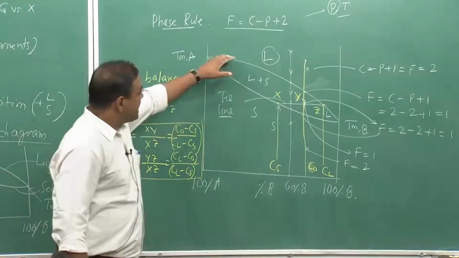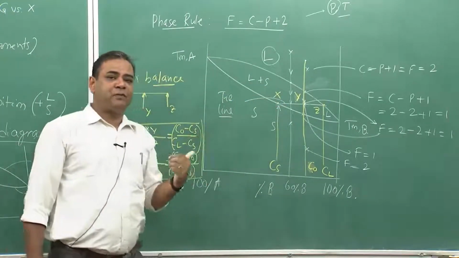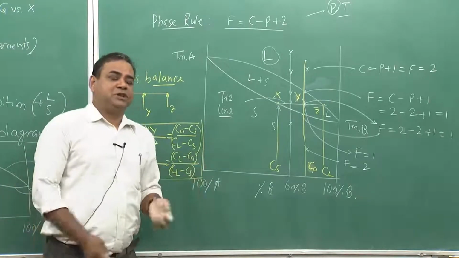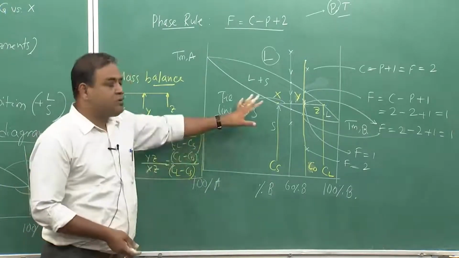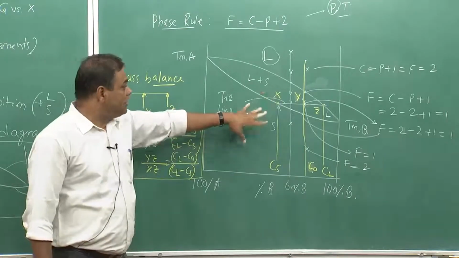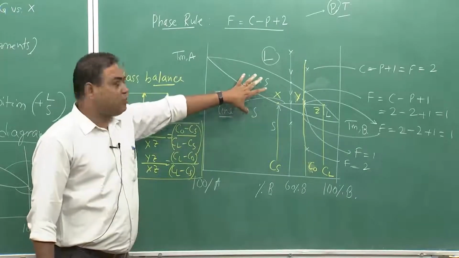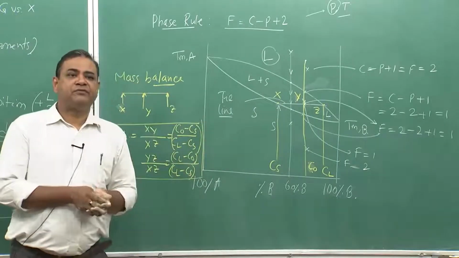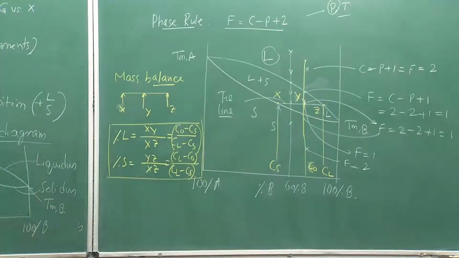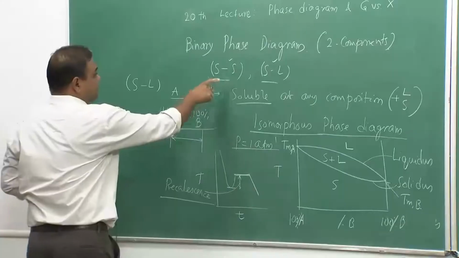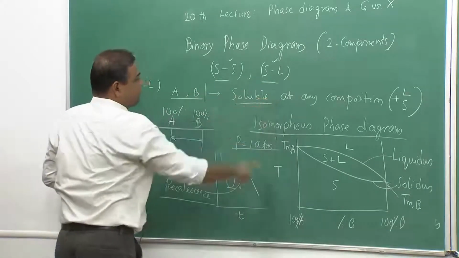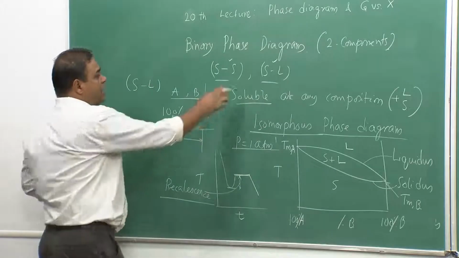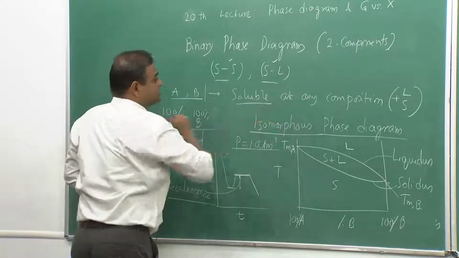Now, these diagrams are derived from a free energy composition diagram. So, we will talk about that free energy composition diagram, we will get back to this diagram again. So, we are not wiping it off. We will get to other diagrams we have thought of discussing. So, that means it is the case where both the components are soluble.